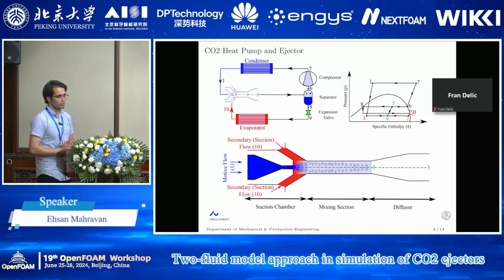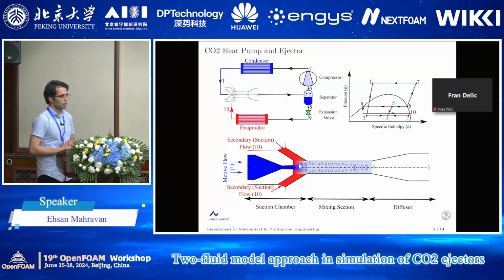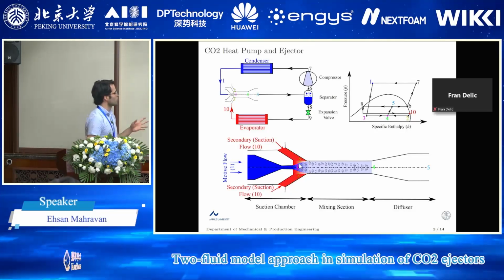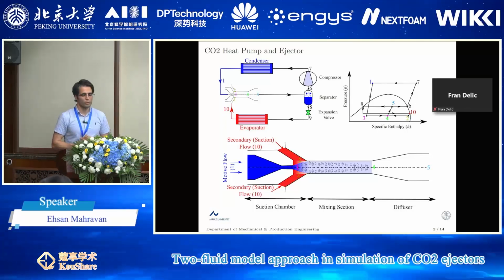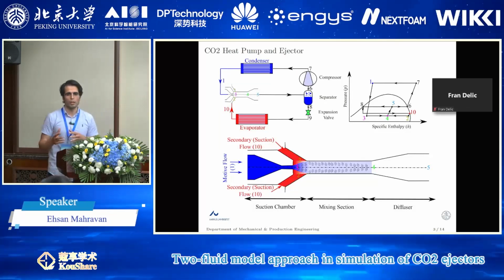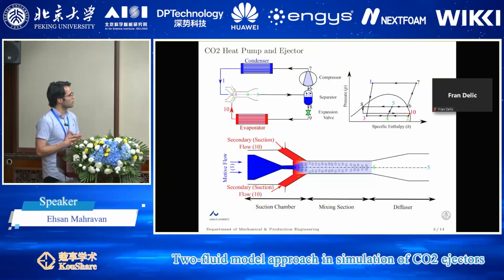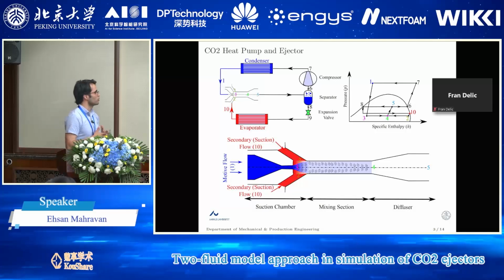And because of the lower pressure, it can draw the flow from the evaporator. So the first flow is called motive flow. The second one is secondary or suction flow. The two flows mix, and in the end of the mixing section, it reaches state 4.